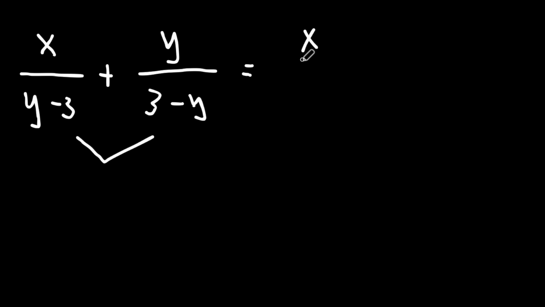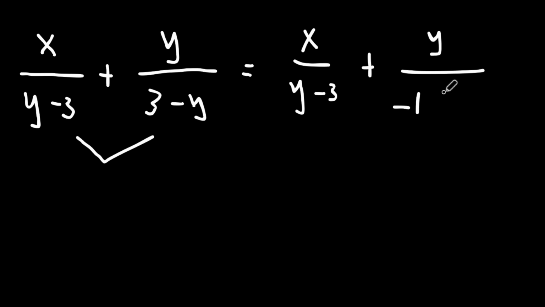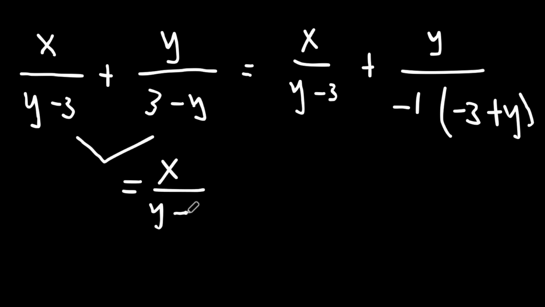So x over y minus 3 plus y over, take out the negative 1, and you get minus 3 plus y, which is the same as x over y minus 3 plus y over negative 1 times y minus 3.